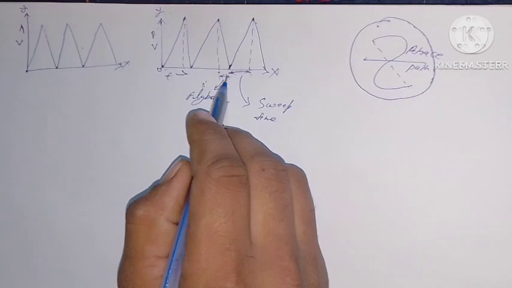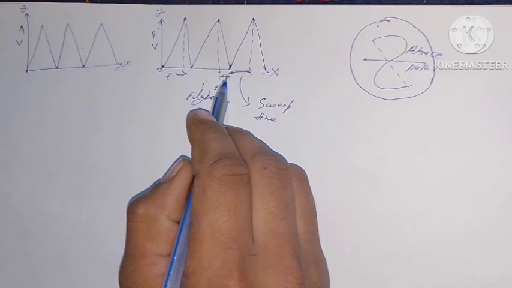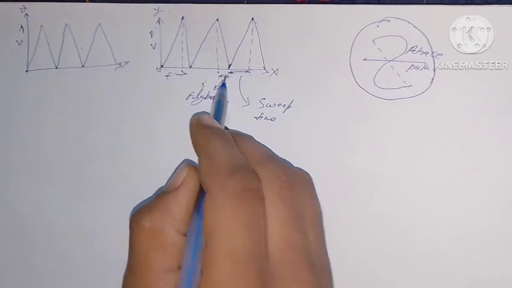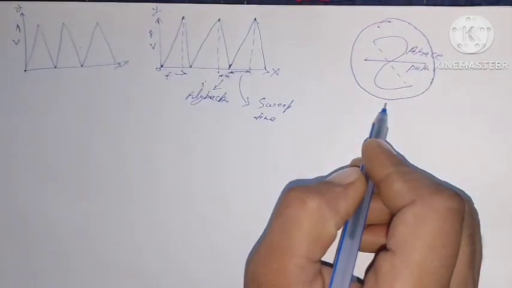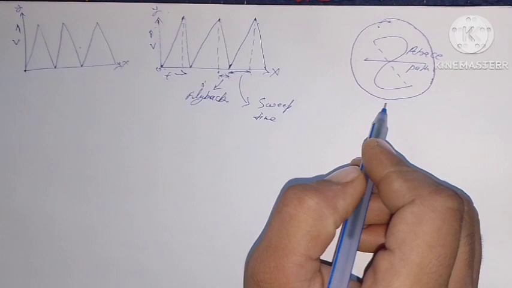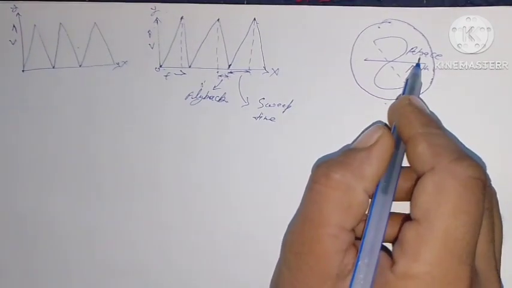When the time-base voltage has a finite flyback time comparable to the sweep time, the display of the waveform gets distorted and a portion of the waveform corresponding to the flyback time is cut off, as shown in this figure. The path retraced by the spot during the flyback time is called the retrace.